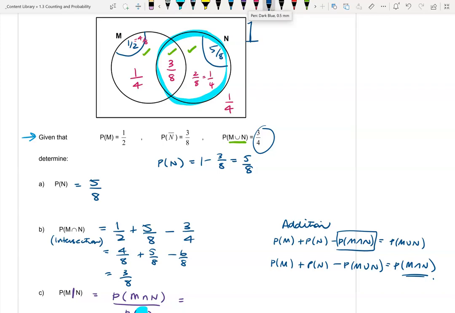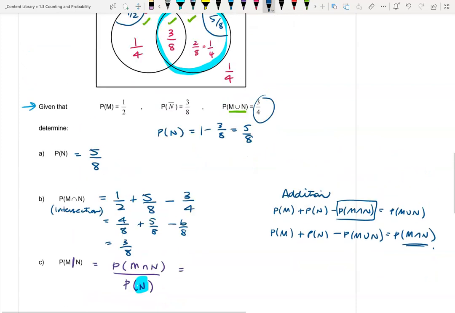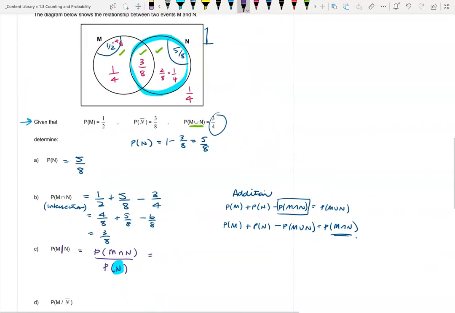So 3/8 out of 5/8, that's just 3/5. But if we look at the formula, we can also look at it as the intersection, 3/8, divided by the total of N, which is 5/8. And obviously we would need to flip and multiply to get rid of that fraction divided by a fraction, and we end up with 3/5.